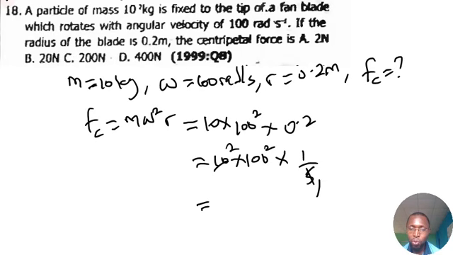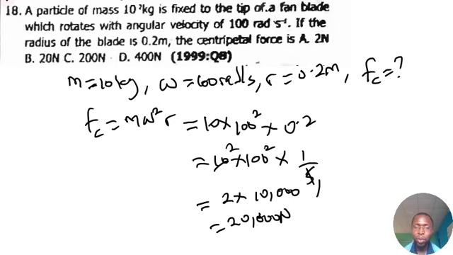So that is 2 times 10,000, because 100 squared is 10,000, right? And that will be giving us 20,000 Newton. All right. So looking at the options here, I think none of them is correct. All right. So that's the solution to that question.